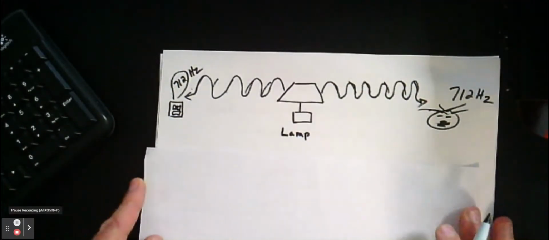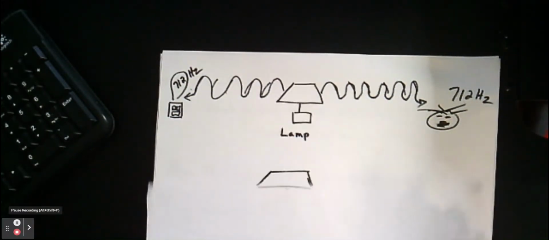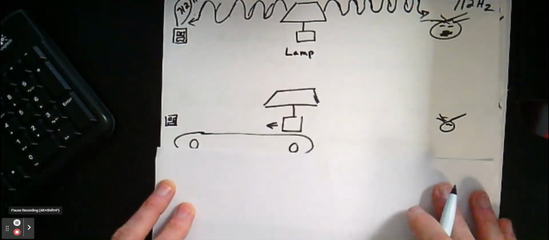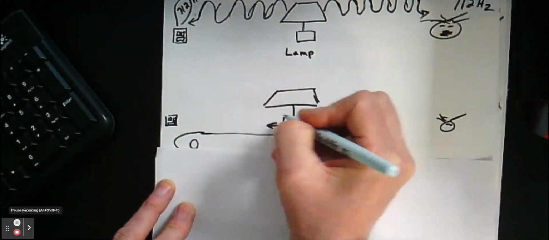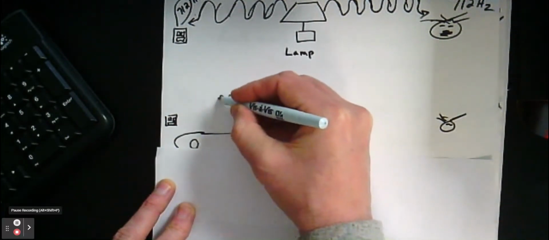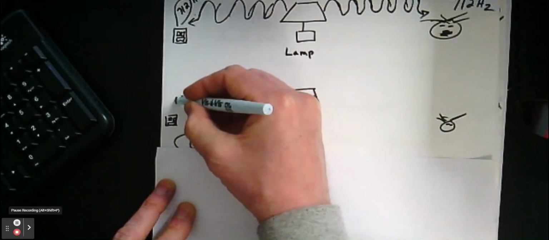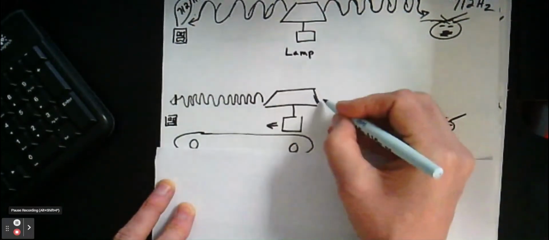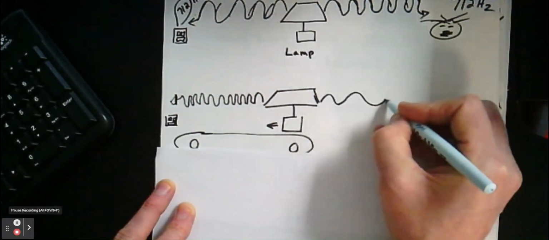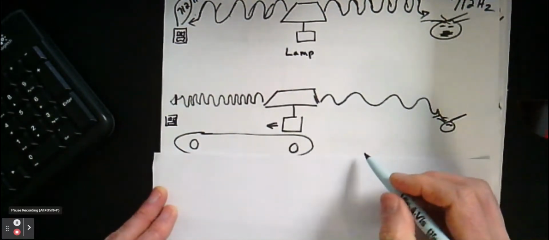All right, but when the lamp, if you put it on a conveyor belt like this, you're going to get the Doppler effect, where it's moving. The wave gets crushed here. Here, the wave gets spread out. All right.